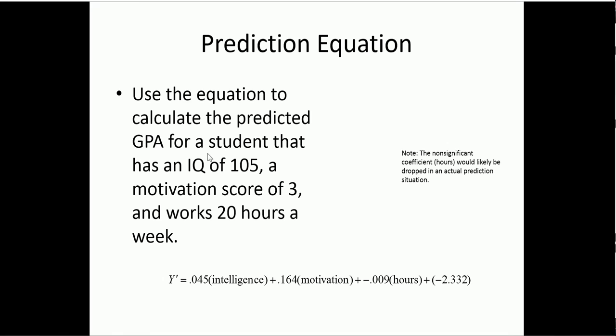If we had someone's IQ and their level of motivation and we knew how many hours they worked per week, we could estimate on the basis of the equation what their GPA would be. It doesn't mean it's going to be a very good estimation, but if it's a good equation, it should be fairly accurate if we have the right predictors involved.